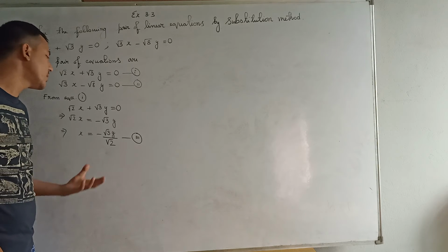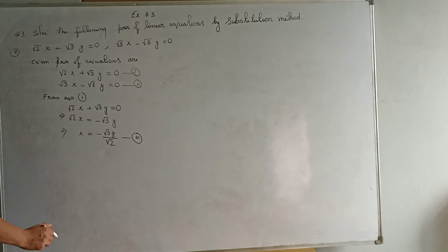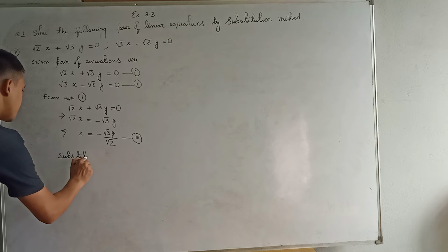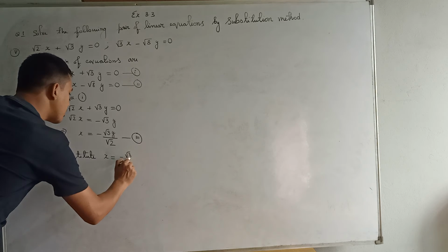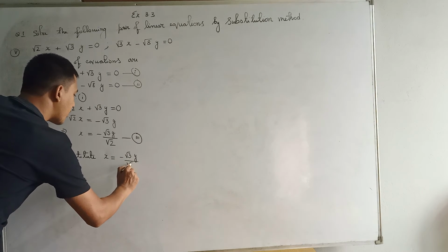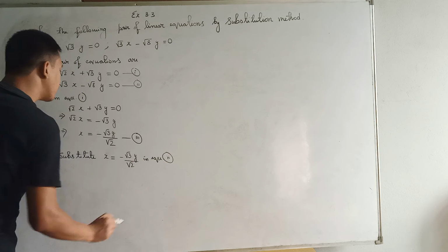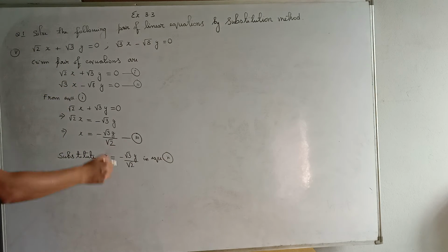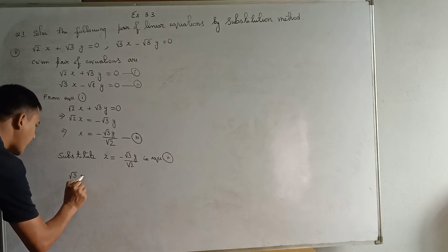Now I'm going to substitute this value of x in the other equation, equation 2. So substitute x equals minus root 3y upon square root of 2 in equation 2. So what is your equation 2? Square root of 3 times x.